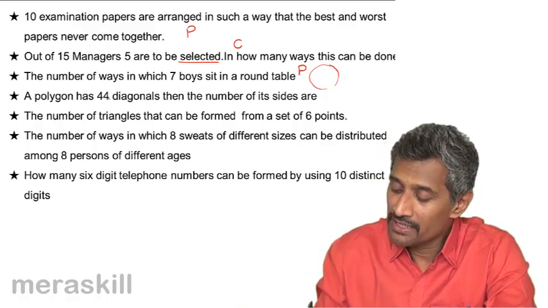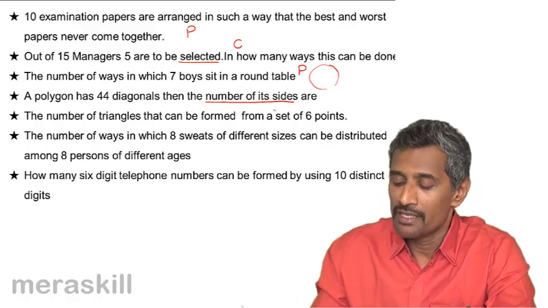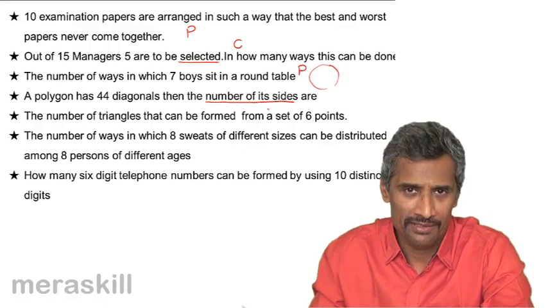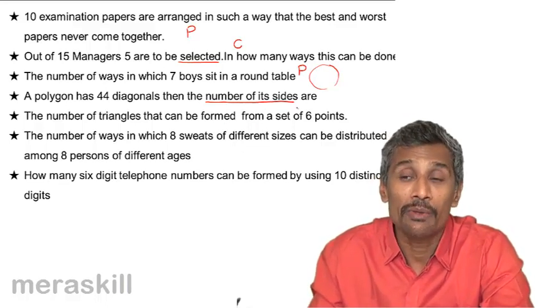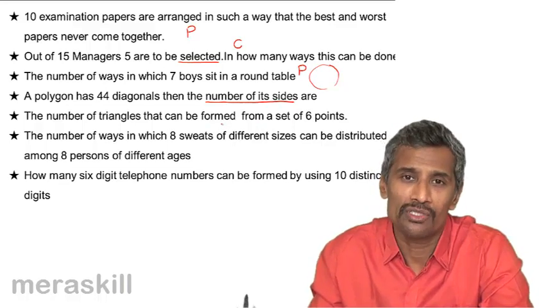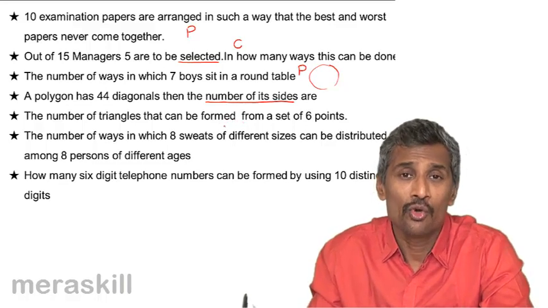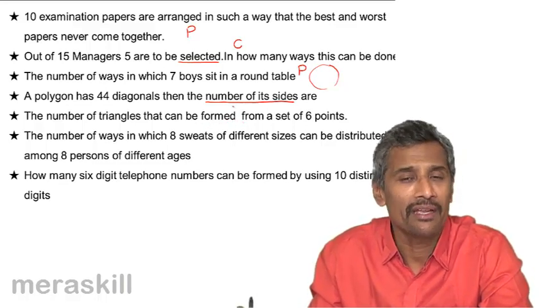Then, a polygon has 44 diagonals, then the number of its sides is what? Now here there are 44 diagonals. Each diagonal joins 2 points. The diagonal could be called AB or AC or CA. Both mean the same. A diagonal joins any 2 points that have been selected. Whether you arrange A first and then C or join it from C to A, it means the same.